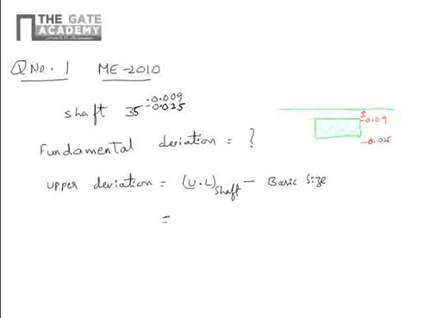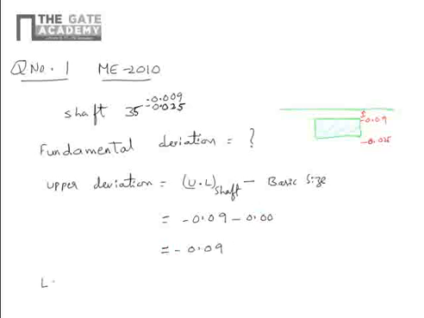If you take the upper limit minus 0.09 and the basic size is the base number 0.00, it comes to minus 0.09.